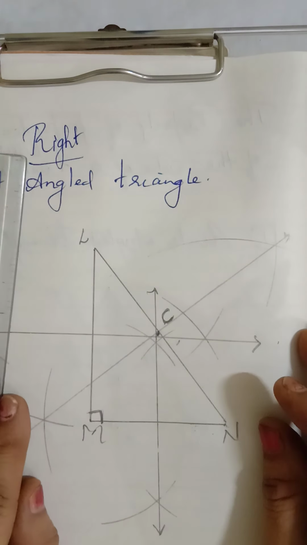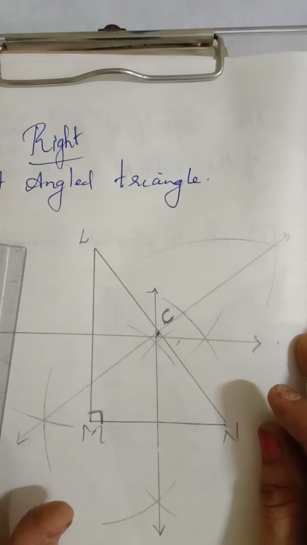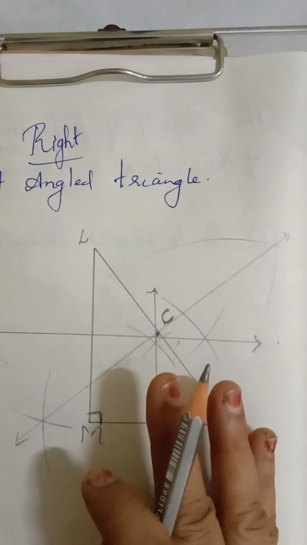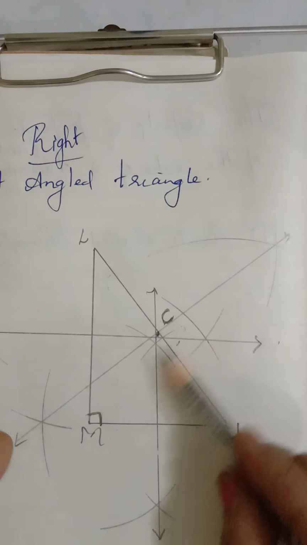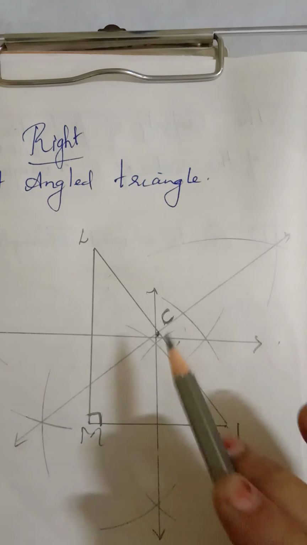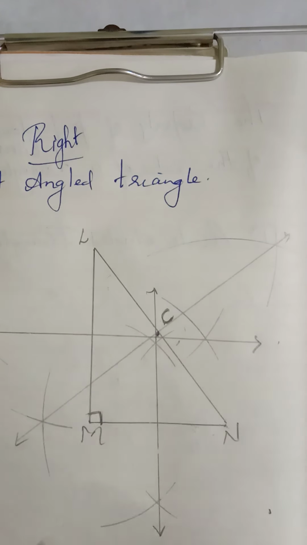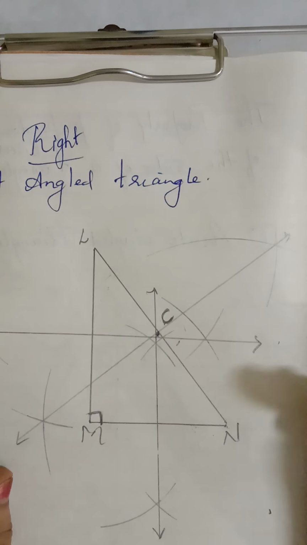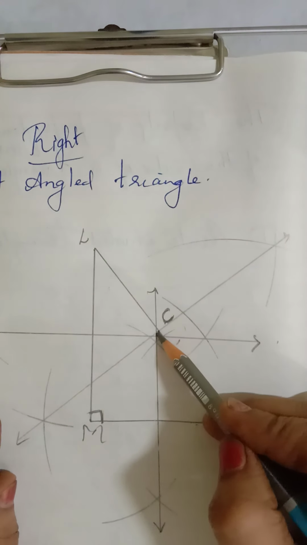Now in the same way children, for homework you will be drawing. Now you have learned how to draw the perpendicular bisectors for all the sides. Now for homework you will draw one obtuse angle triangle children, and then you are going to find out where the circumcenter lies.